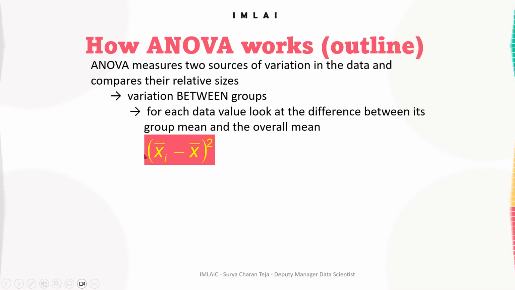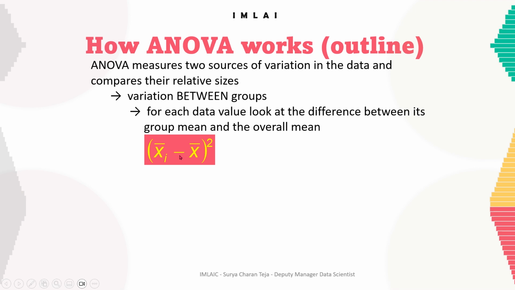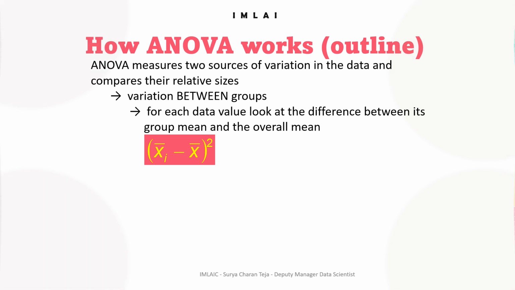So x bar i means the mean of the group. If you have three groups, it is the mean of group 1 minus the mean of the total data set, and so on, with a summation.